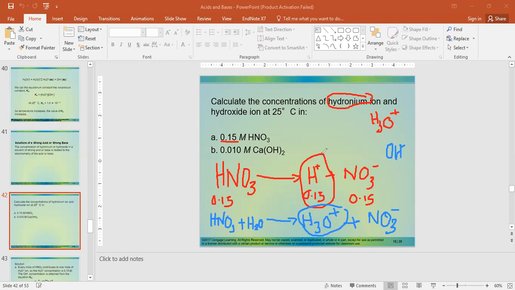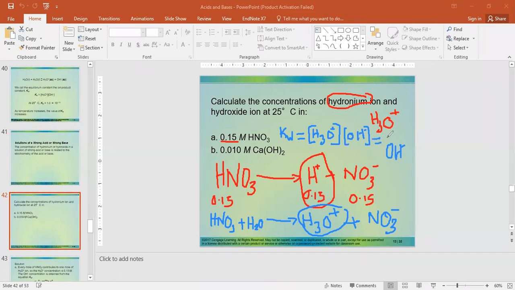So whenever you get the concentration of the hydronium ion, you can get the concentration of the hydroxide ion, because we have seen that Kw is equal to the product of the concentration of H3O+ and the concentration of the hydroxyl ion, like that.